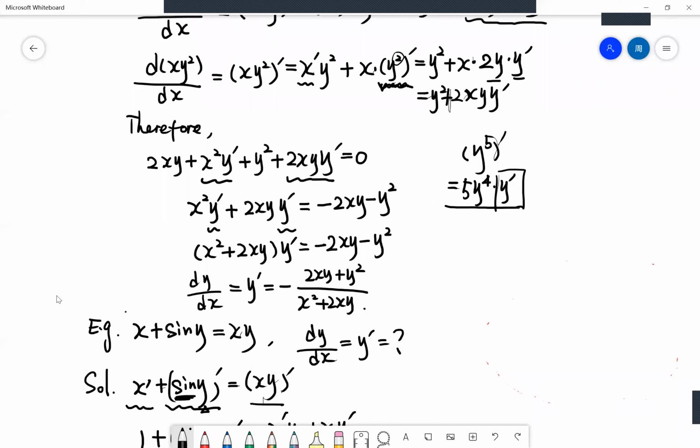Our homework is to practice more and more to understand the math, am I right? Yeah. I will give you exercises from the book in the WeChat group.